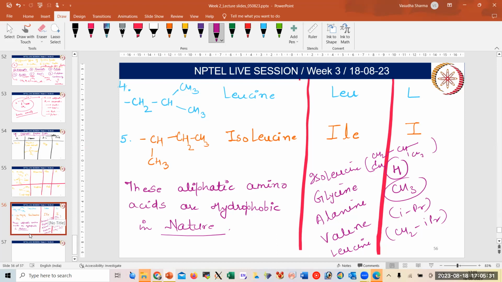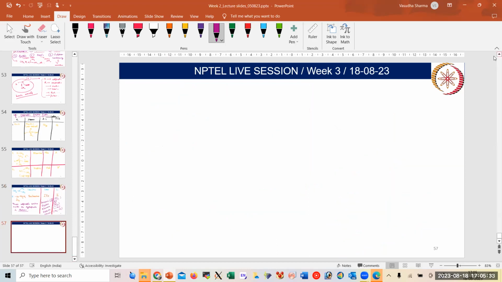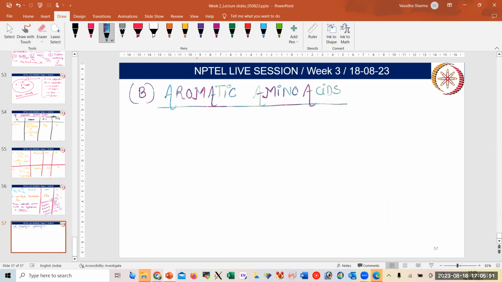Now we will look into the aromatic ones. In the aromatic amino acids, we have mainly three types only, where there would be an aromatic group.